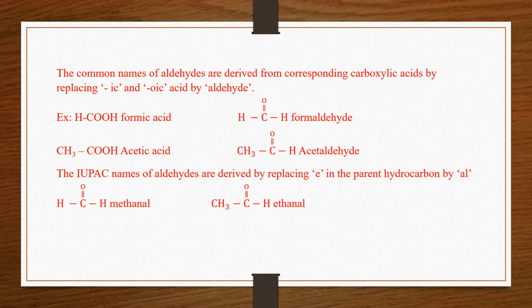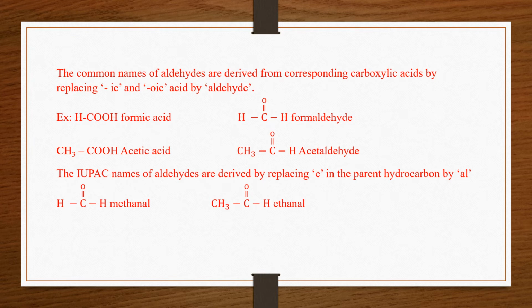Formic acid, by replacing ic acid, we get the corresponding aldehyde, that is formaldehyde. HCOOH is formic acid, HCHO is formaldehyde. Next, CH3 C double bond O OH is acetic acid. Replacing ic acid by aldehyde, the corresponding aldehyde that we get from acetic acid is acetaldehyde. Its formula is CH3 C double bond O H.